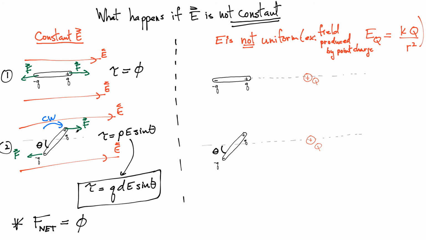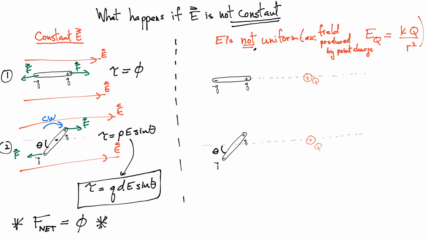These forces are in equal and opposite directions. They produce a torque, however, they don't produce an acceleration of the dipole. You'll simply rotate it. You're not going to lead to any translational motion of the dipole. And that's the big important point, and the biggest difference between the case where the electric field is constant versus when the electric field varies in space.